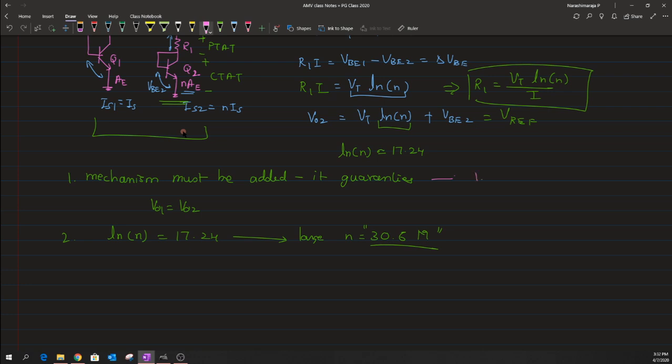The very first circuit uses what is known as the supply independent biasing circuit. Okay. So that is the first way by which I can ensure the same current to flow, as well as ensure that our VO1 would be exactly equal to VO2. The second option in order to guarantee this mechanism, as well as to satisfy the second requirement of making this ln of n to be 17.24, is by making use of an op amp circuit.